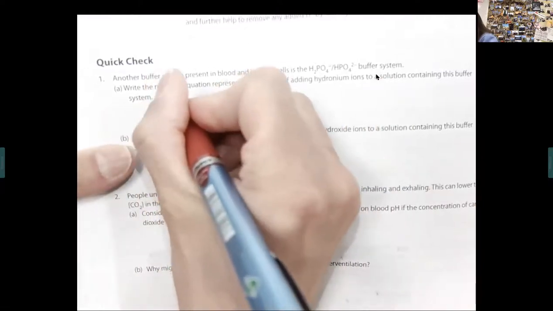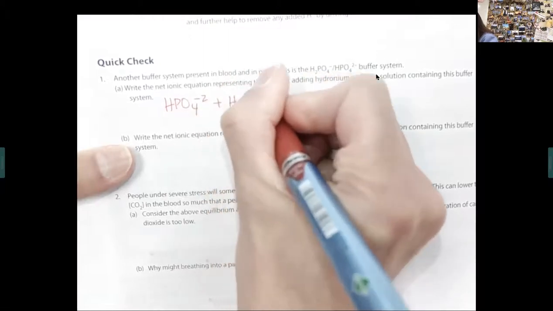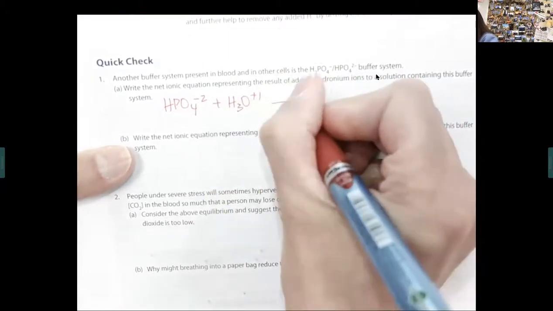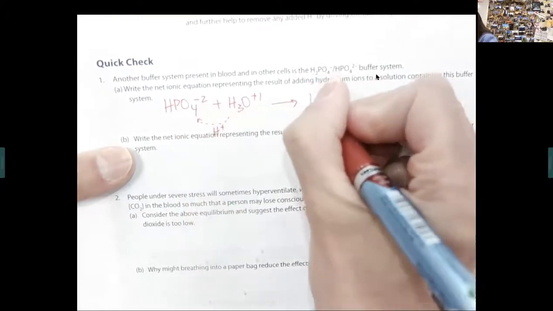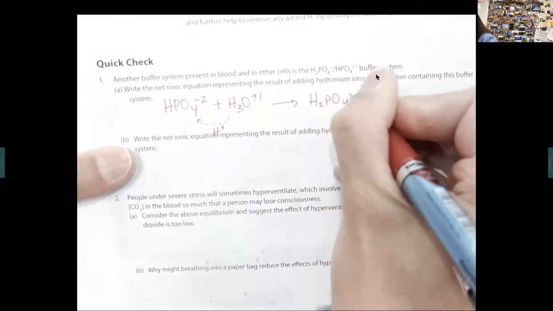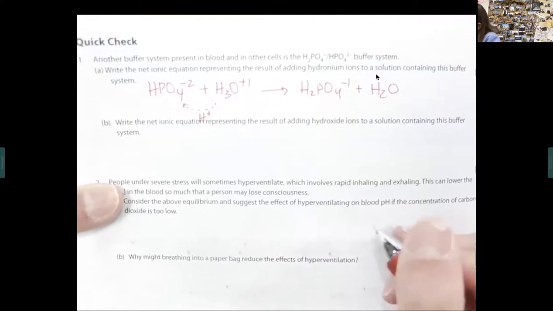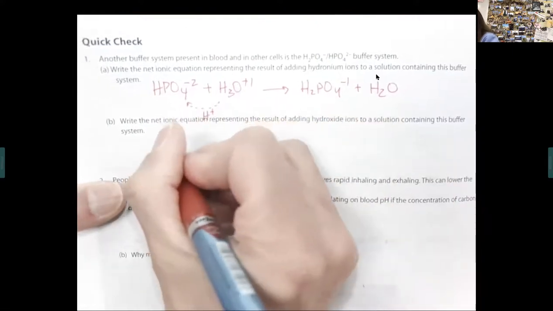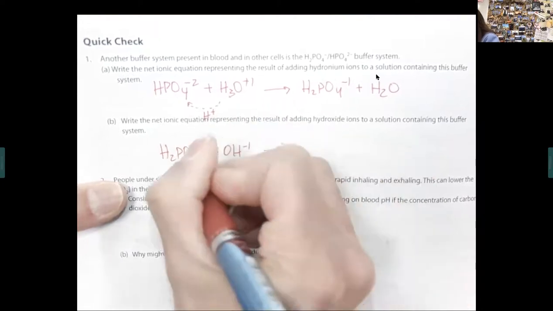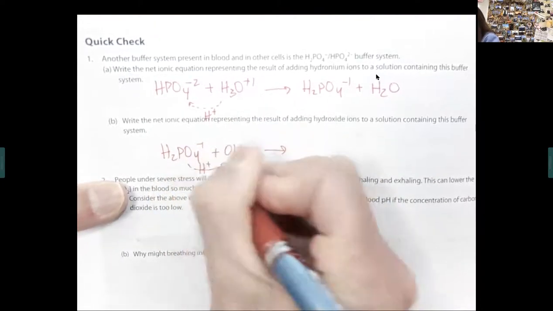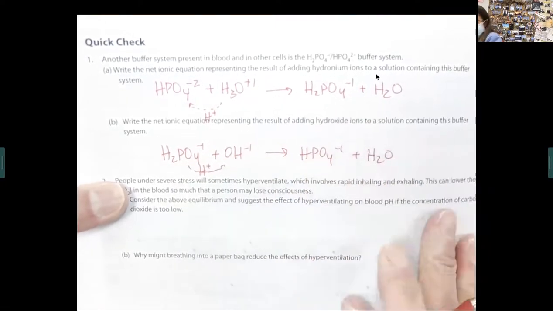Well, if you have your HPO4 -2 plus hydronium ions, what will happen is this is going to give a hydrogen away to form H2PO4 -1 and H2O. And B, if you're adding hydroxide ions, then what will happen is the hydrogen will be given to the hydroxide. You'll form HPO4 -1 and H2O.